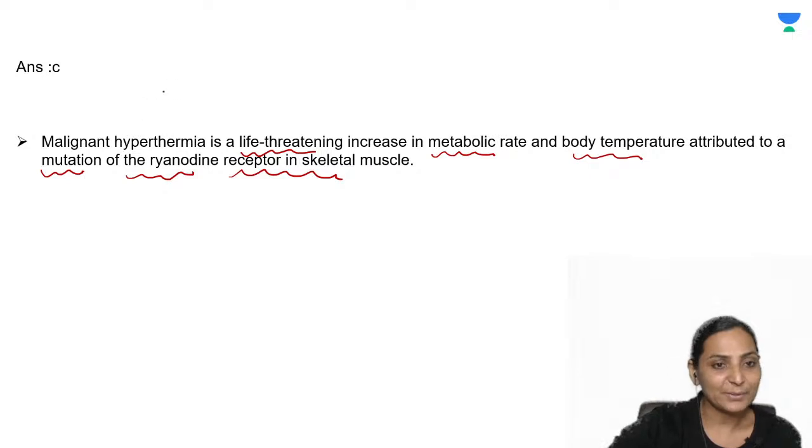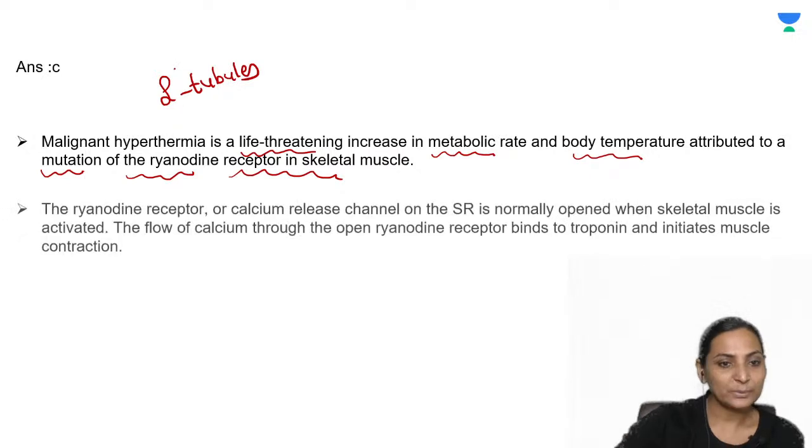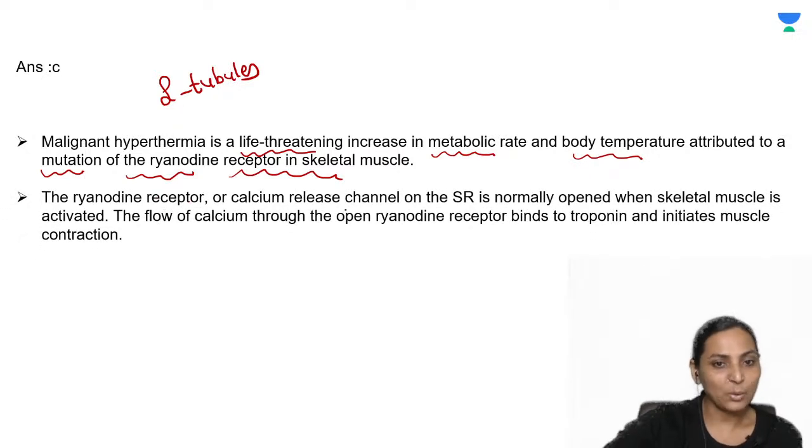These ryanodine receptors are present in the L tubules. The ryanodine receptor, or the calcium release channel on the sarcoplasmic reticulum, opens when the skeletal muscle is activated, and yes, the correct answer is C.